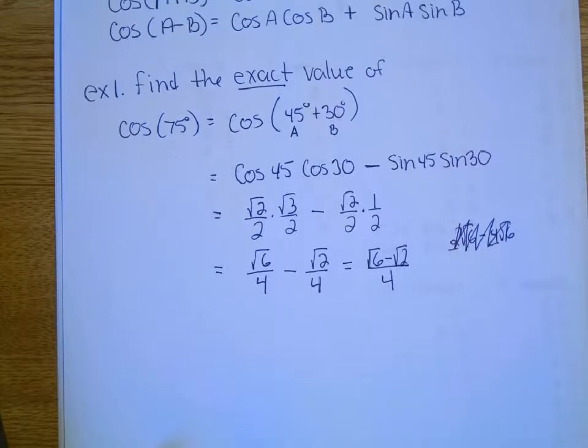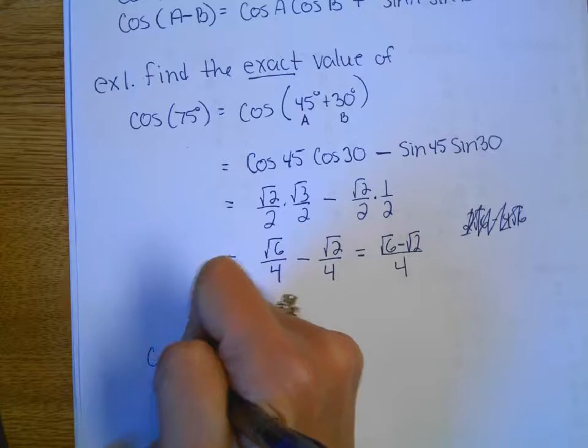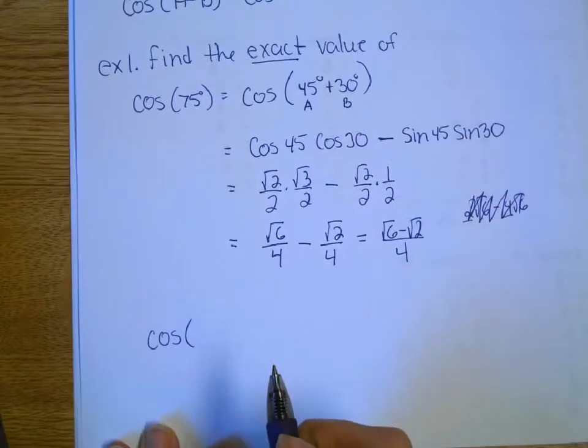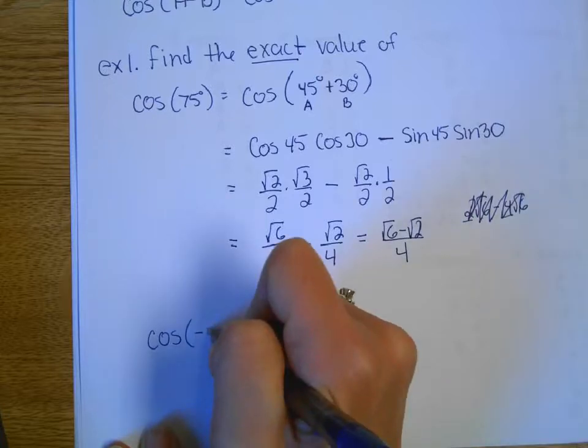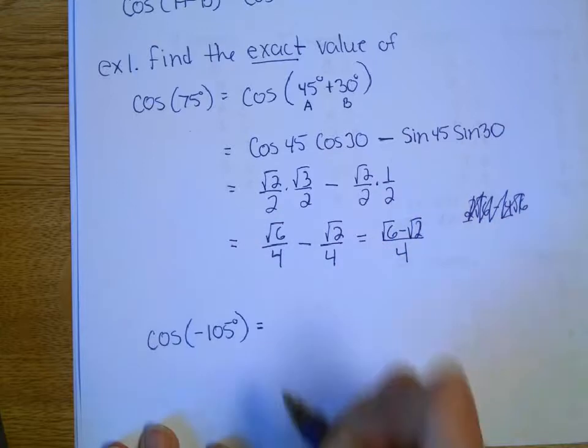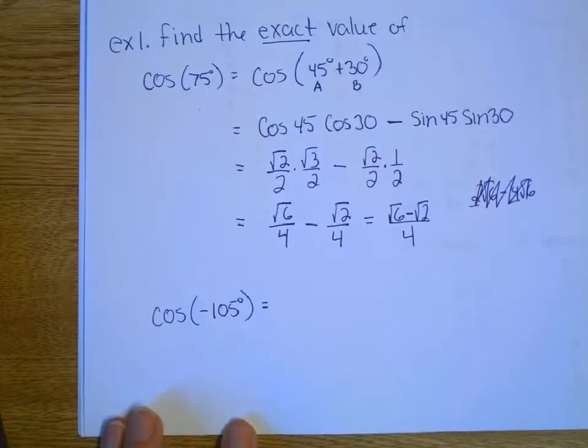Let's do one more of those, I think. The cosine of negative 105 degrees. You don't have a negative 105 on there.